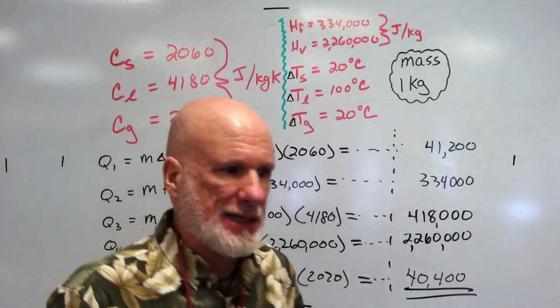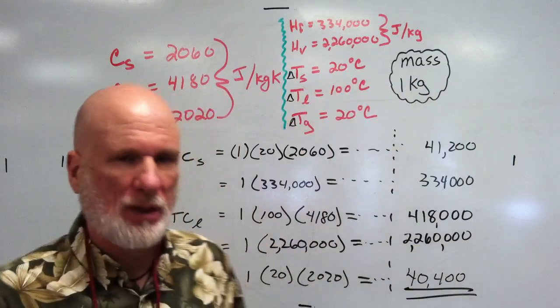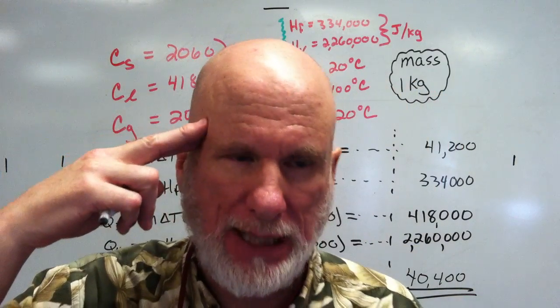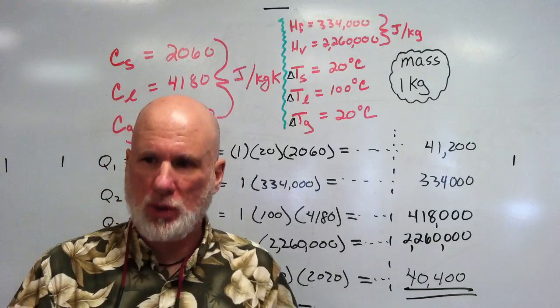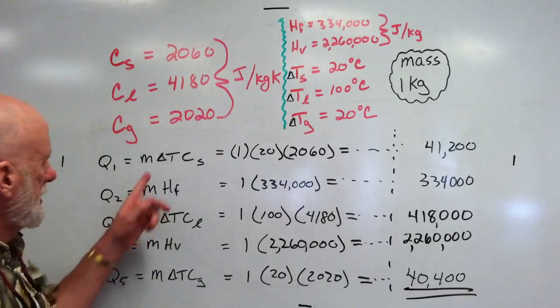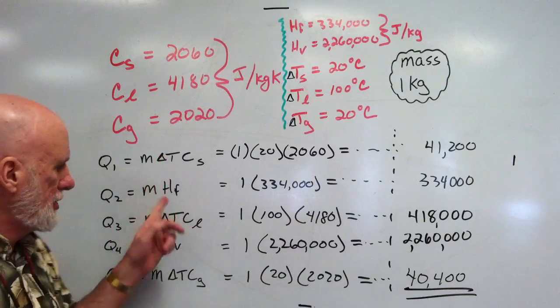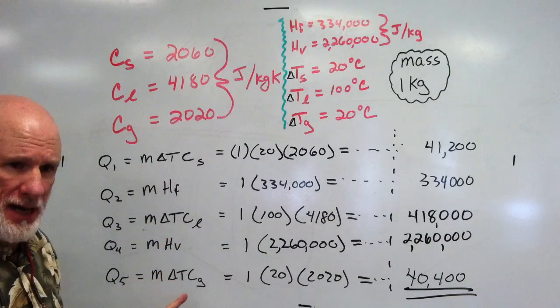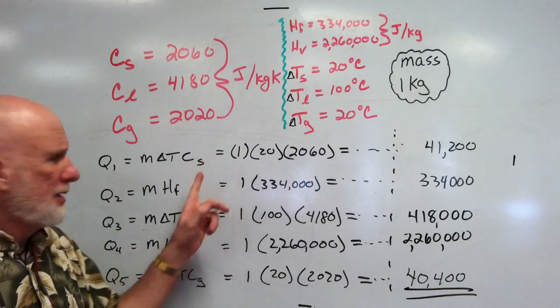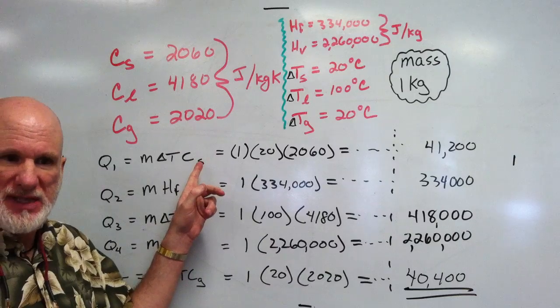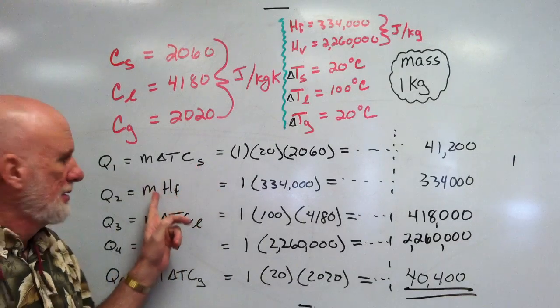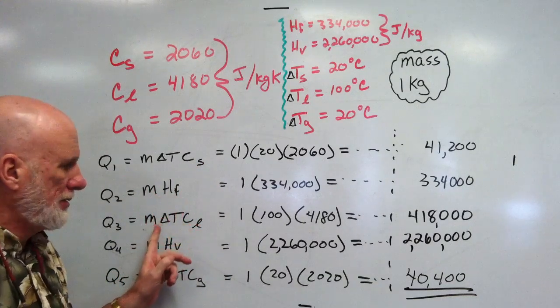And I need 2 people to get this. While they're doing that calculation, I'll review what we did. This is heat 1, heat 2, heat 3, heat 4, heat 5. It's going to be mass delta T specific heat capacity of solid, mass times heat of fusion, etc.